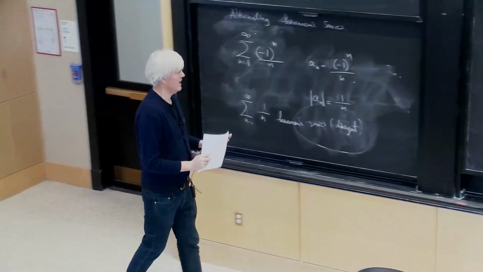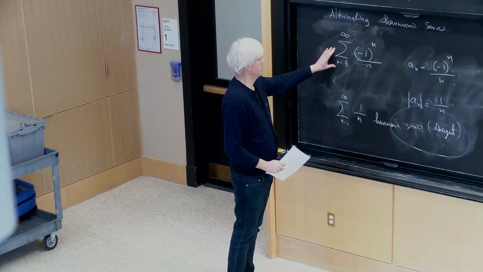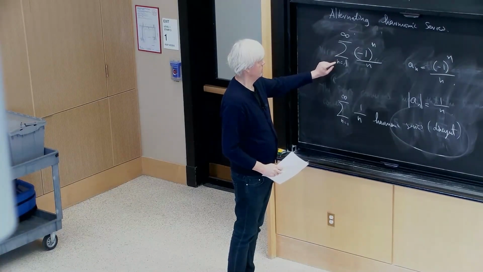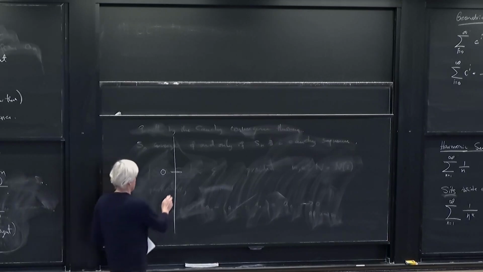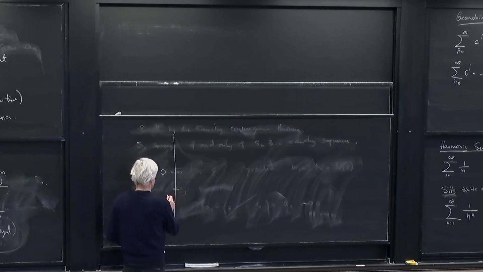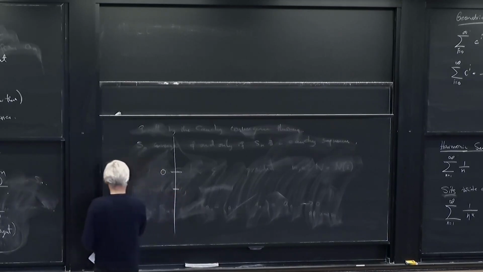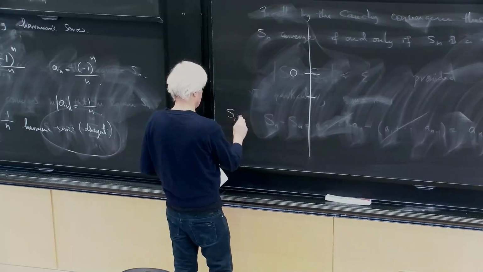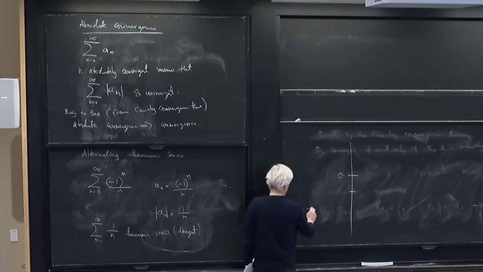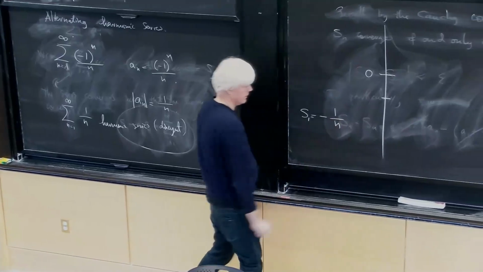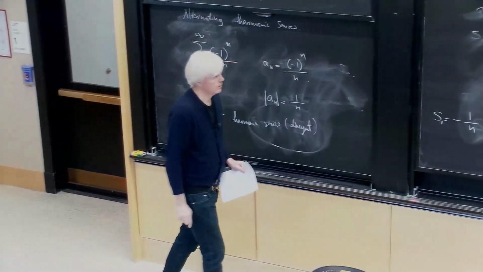And then you do the first thing. You're looking at S1, right? But S1 will bring you down, because S1 is just equal to (-1)^1 over n, but that's minus 1, so it's minus 1 over n. This is the first element.